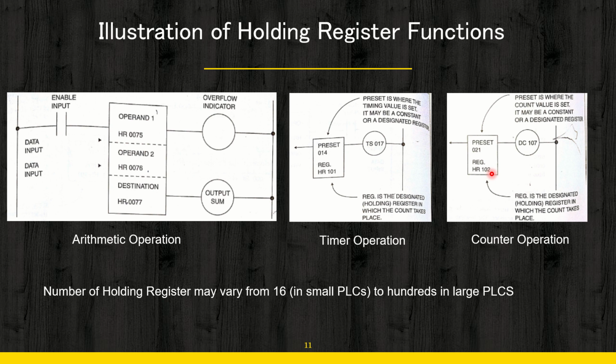We can see that many PLCs give you the facility to see how your counts are getting incremented or decremented. You can see those numbers being incremented or decremented, but actually that incrementation or decrementation is taking place in the holding register. Here, for this particular example, the holding register has the address HR102. So this is the basic function of holding register.